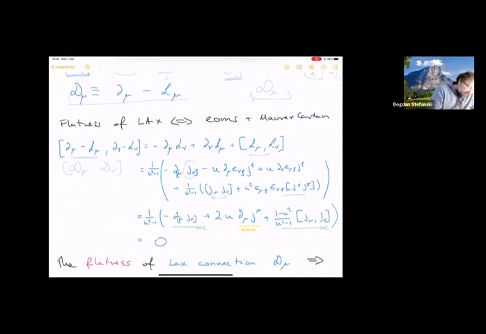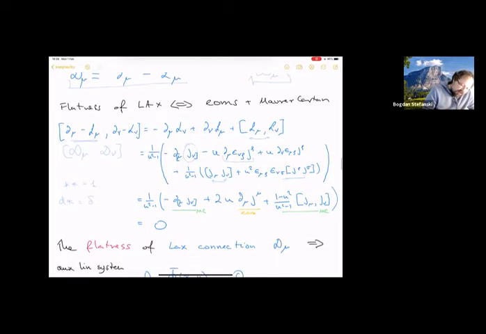So after the dust settles, and when you use relations like star star is equal to 1, and you rewrite d star as the interior derivative, you get this expression here. I've underlined in green the terms that combine to give you 0 as long as the Maurer-Cartan equation is true.